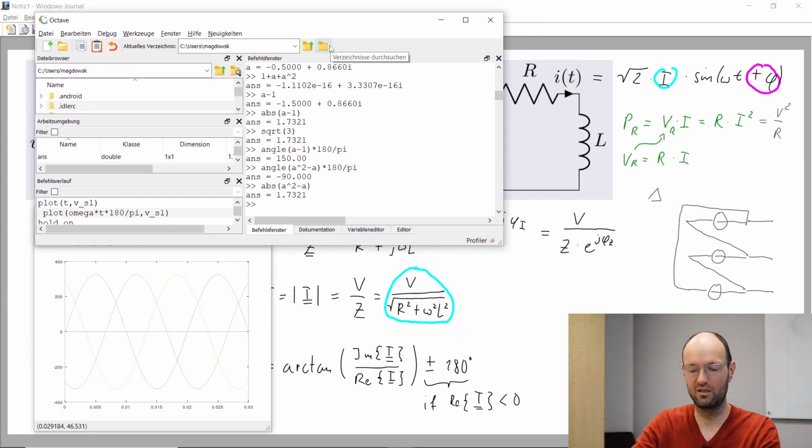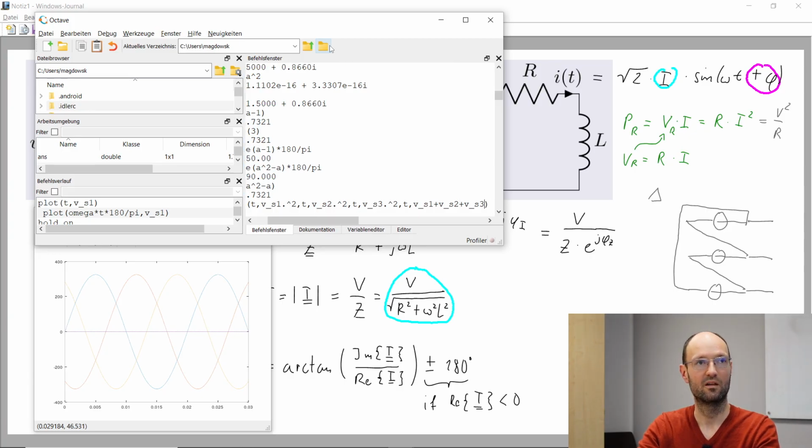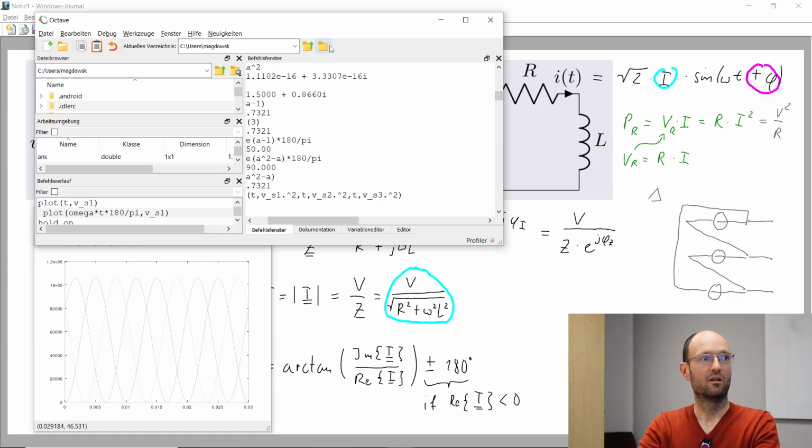And I think this is some other cool property that we can discuss really as the last thing for today. If I go back to my plot command here, and so if I take the first voltage and square it, if I take the second voltage and square it, if I take the third voltage and square it, and maybe cut the remaining thing here. So these are the same voltages squared.